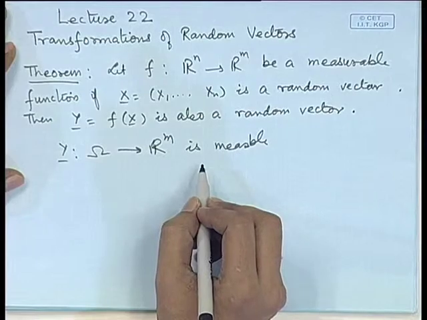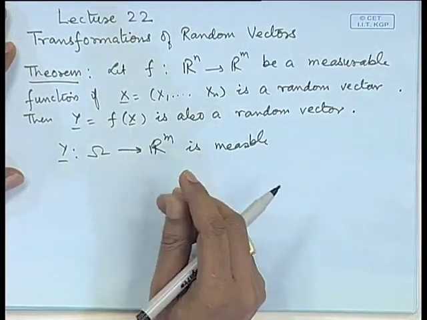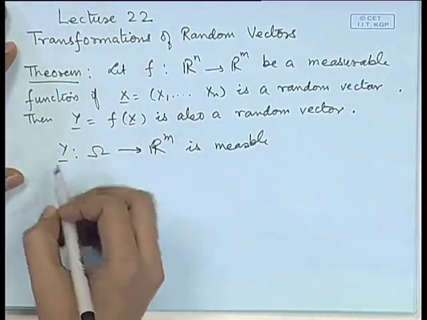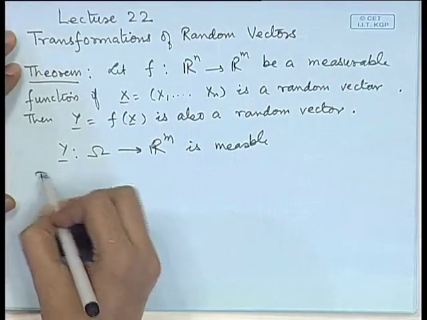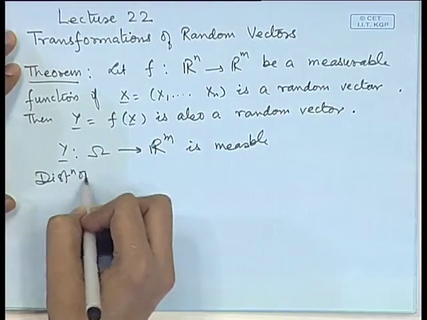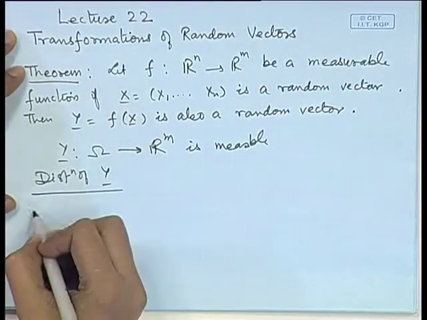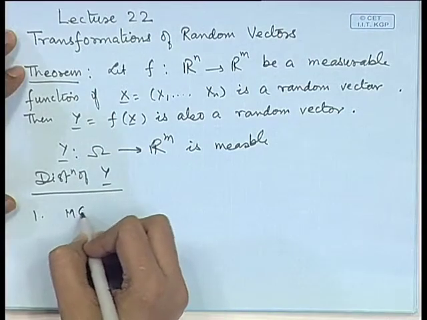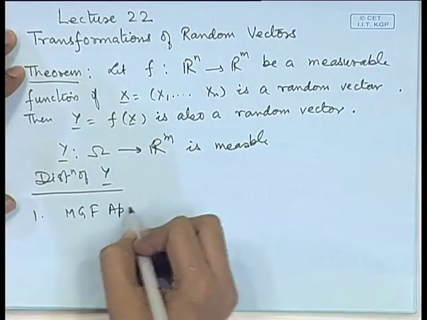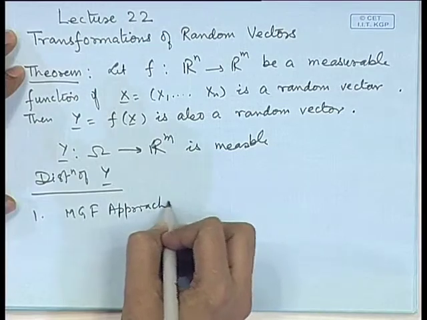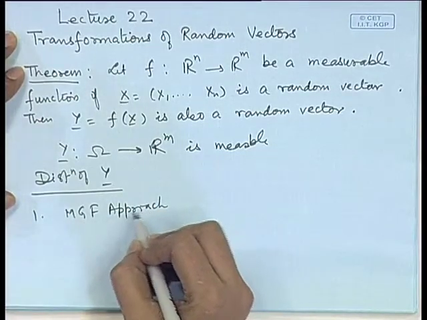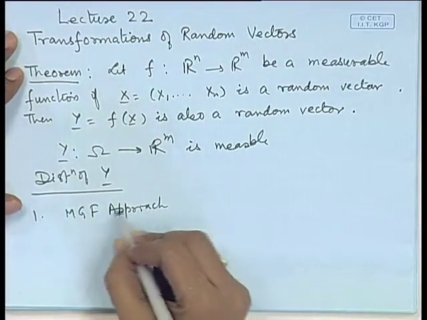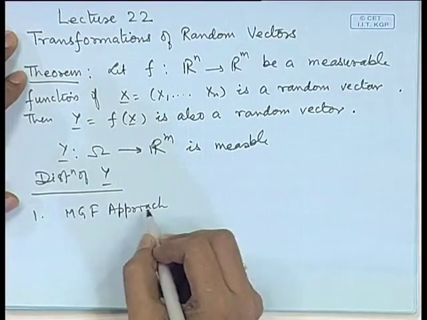So, now the methods of determining the distribution of Y. One is the MGF approach. We have already seen application of this approach in determining distributions of sums of certain random variables.